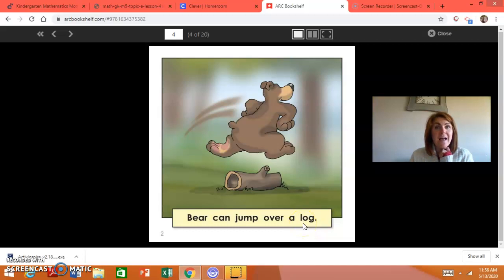This is the letter L. L makes what sound? Yes, L. Now, you can look at the picture, and you can say, oh, I think that's a log. Or if you don't know that word, we can sound the word out by saying the sounds in all the letters. So let's try this one. L-o-g, log. That's how we read the word.